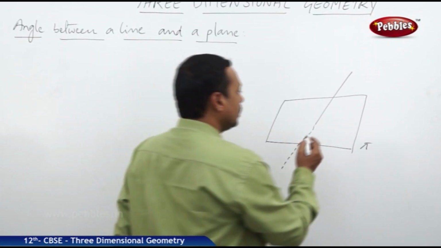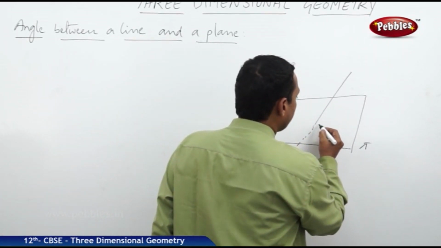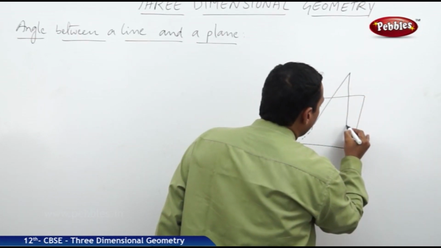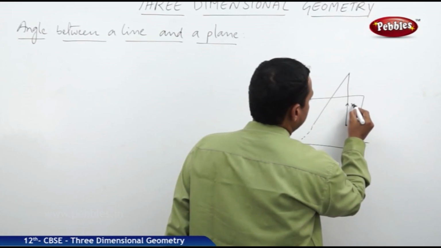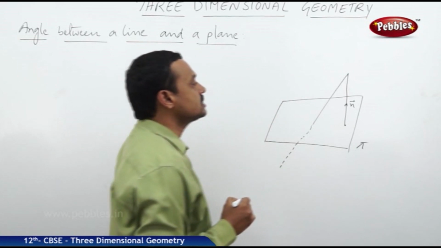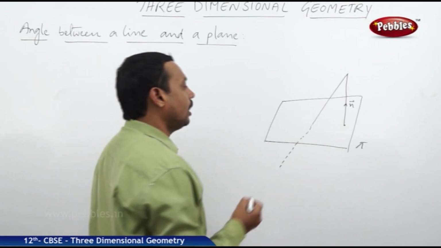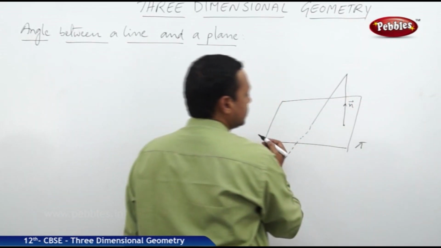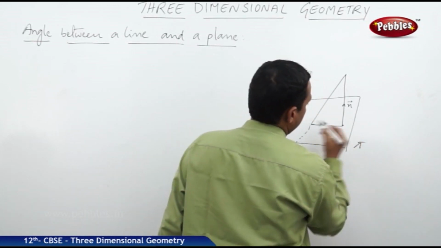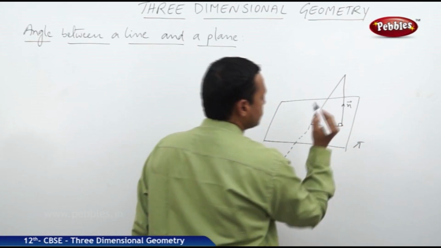So suppose I take one perpendicular vector, or normal, to the plane. Let n bar be a perpendicular vector or a normal to this plane, and join this. So a right angle triangle is formed here.